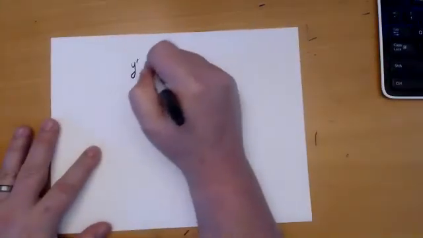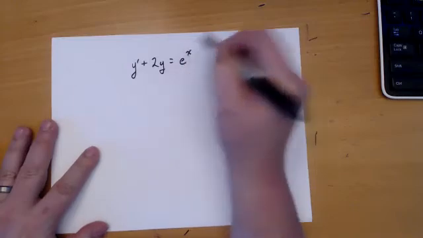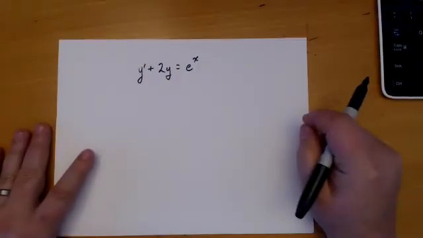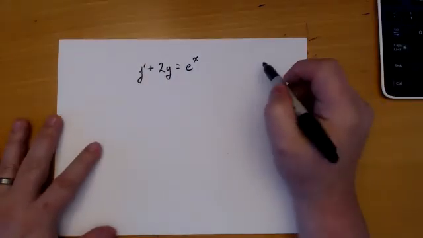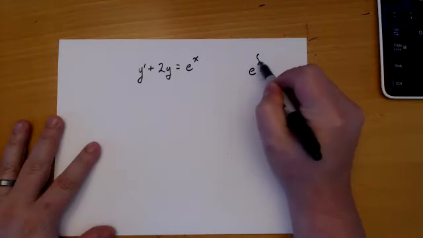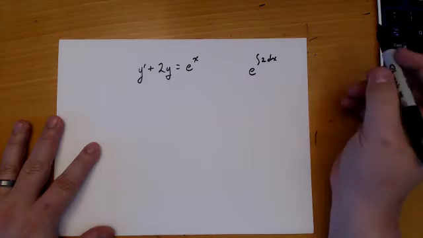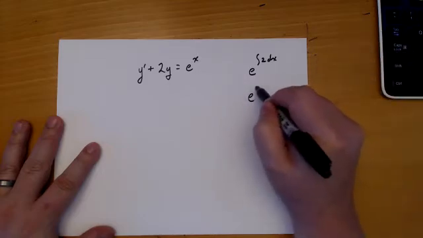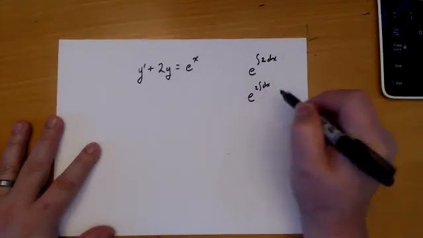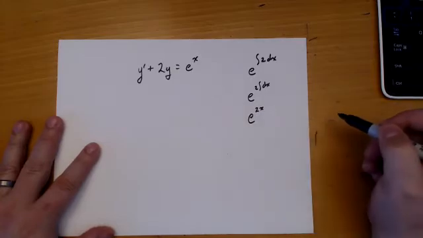Let's do y prime plus 2y equals e to the x. So my integrating factor is e to the integral of 2 dx, which is e to the 2 integral of dx, which is e to the 2x.